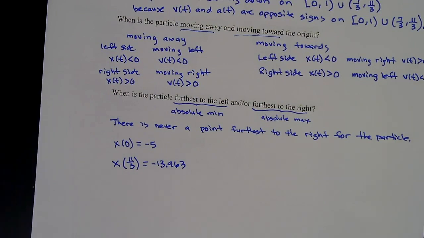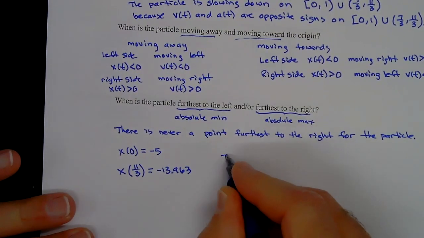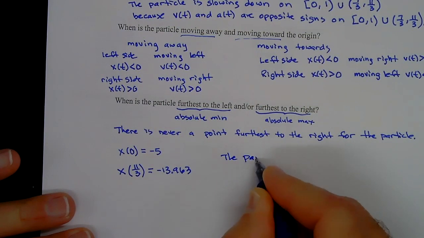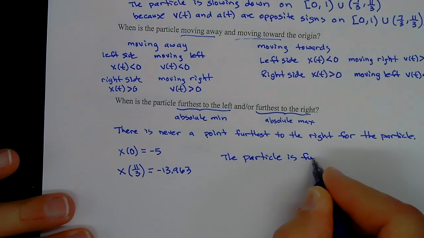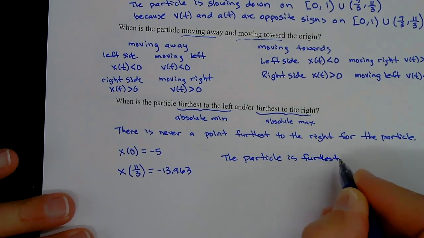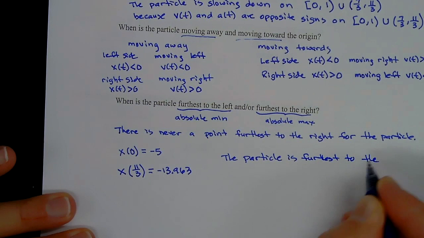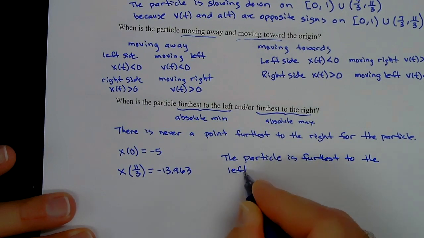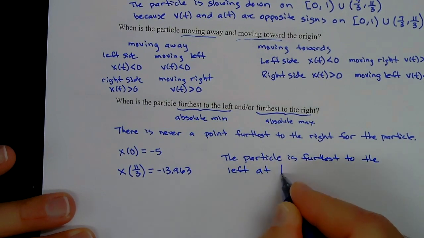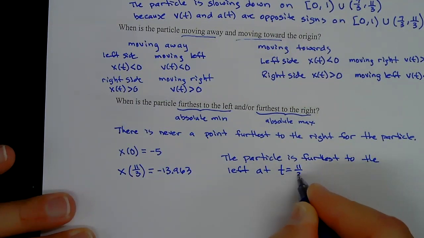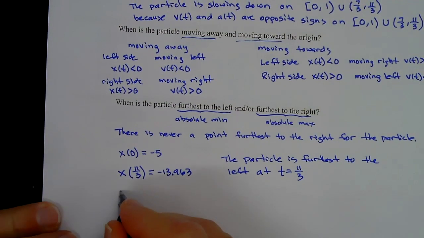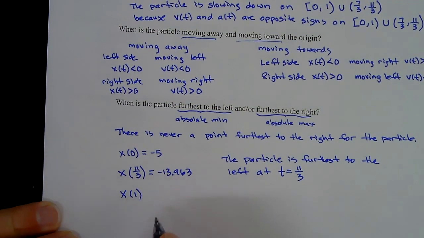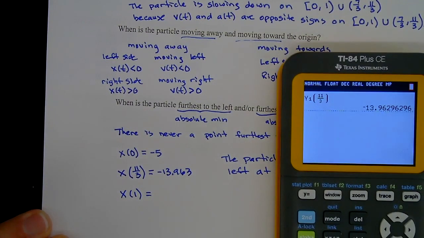All right, so the particle is furthest to the left at t equals 11 thirds. You could have done also x of 1, and if you also added that one, you just wouldn't have to.